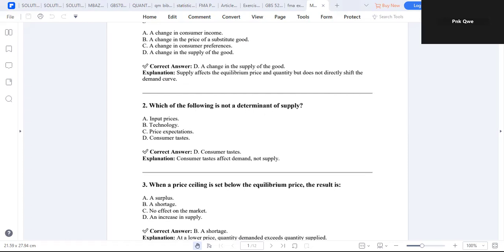Which one of the following is not a determinant of supply? We must understand that the law of supply states that the higher the price, what is the law of supply?